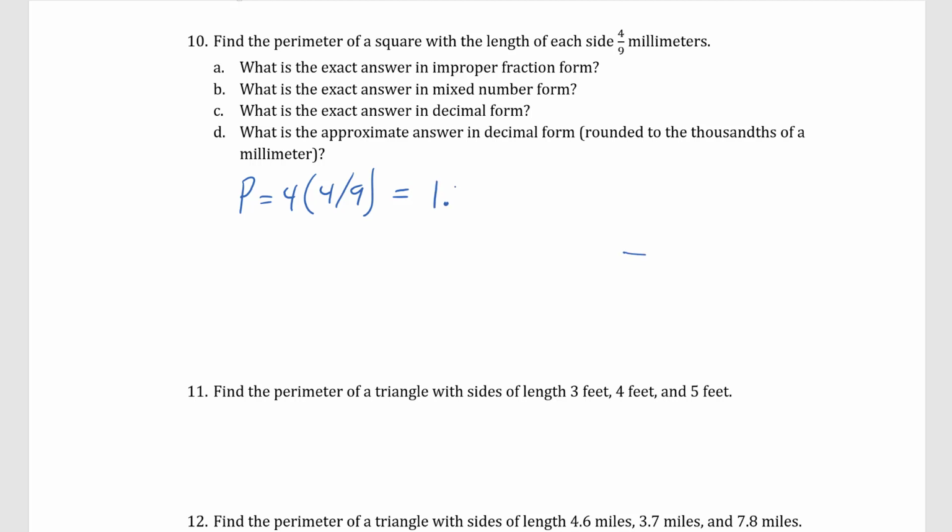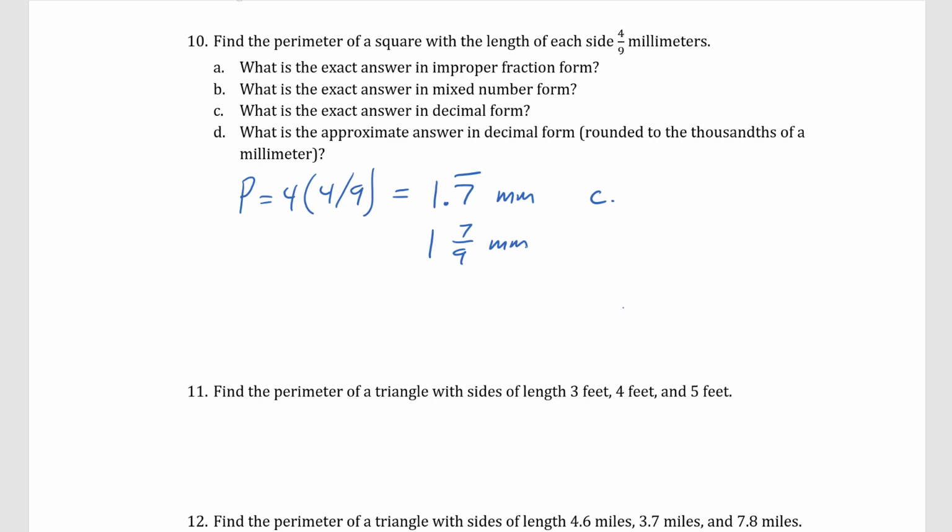So we could write that as 1.7 repeating. That's in millimeters, or mm. That is our exact decimal answer, so that's the answer to part C. If you convert that to a mixed number, you will get 1 7/9 millimeters.